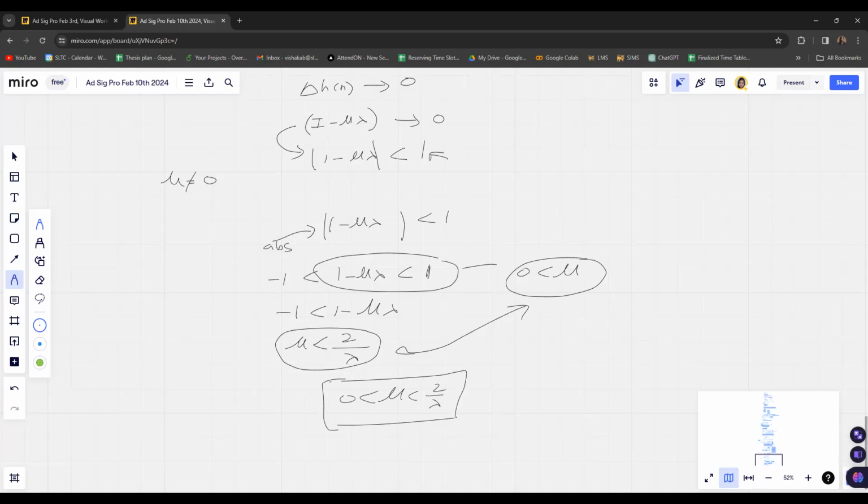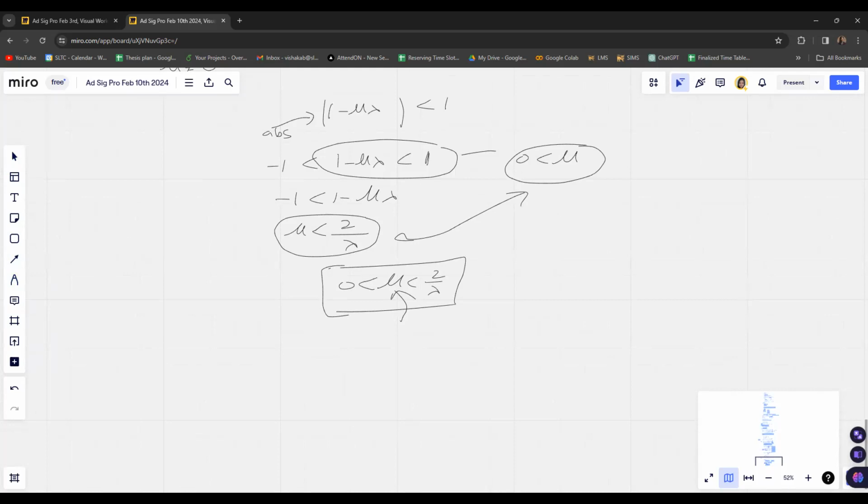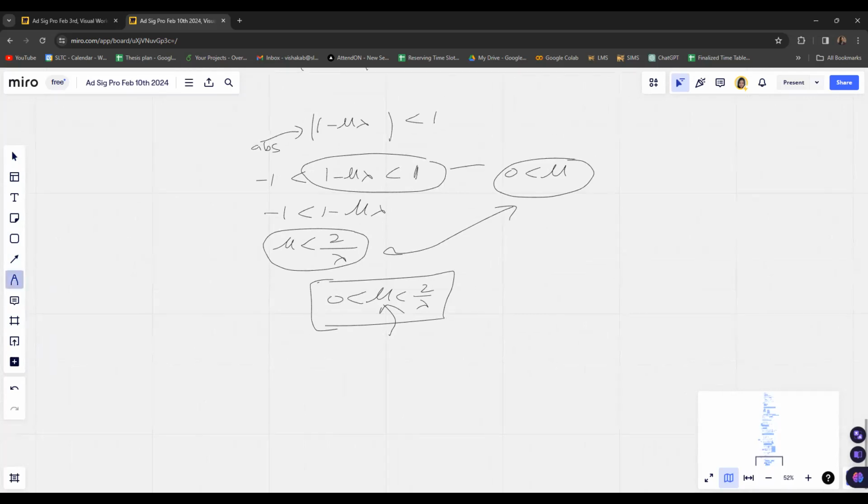This is the condition that mu should satisfy in order to make the convergence easier, right? For convergence of the LMS over the steepest descent algorithm, we have to consider this criterion to be satisfied.